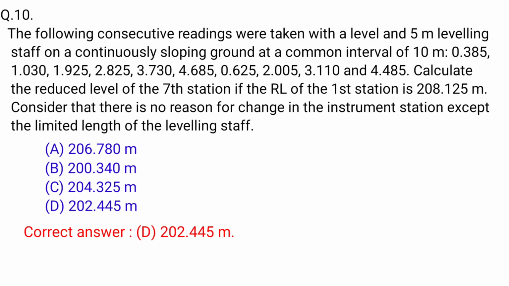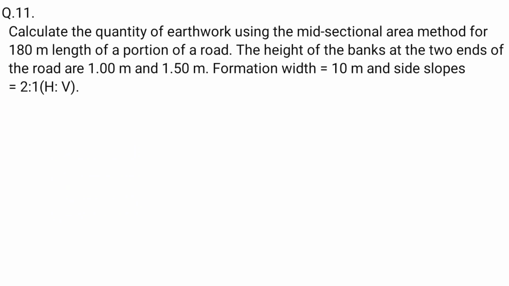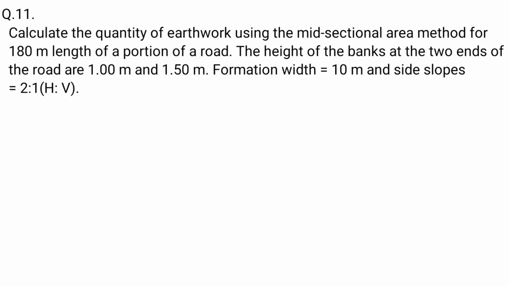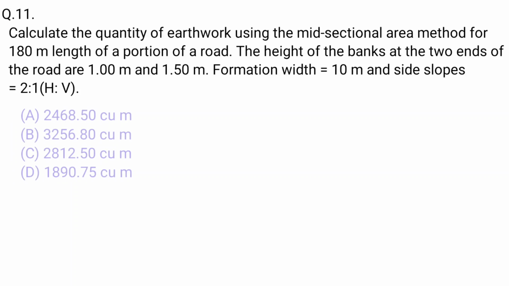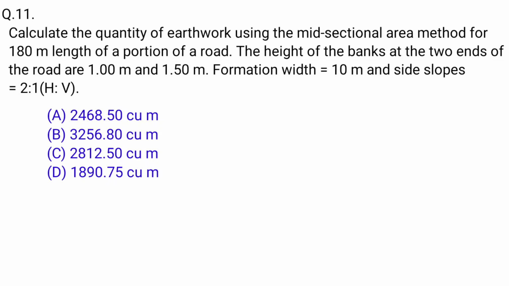202.445 meter. Next. Question number 11. Calculate the quantity of earthwork using the midsectional area method for 180 meters length of a portion of a road. The height of the banks at the two ends of the road are 1.00 meter and 1.50 meter. Formation width is equal to 10 meter and side slopes is equal to 2:1, H:V.